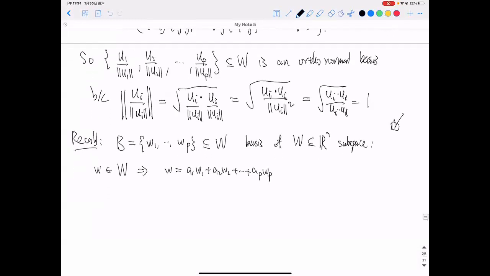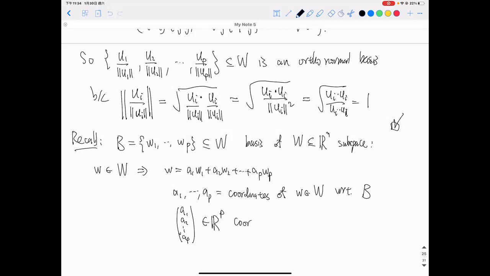And these A's, namely the coefficients of this linear combination, are called coordinates of W with respect to the basis B. And if you put them in order into a column vector, this is called a coordinate vector of W with respect to B. All right.